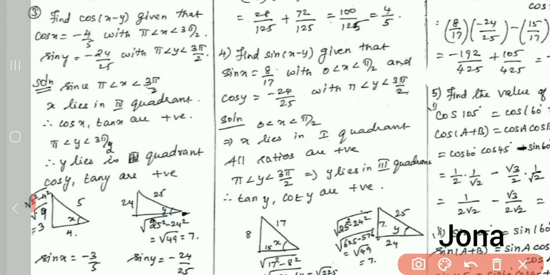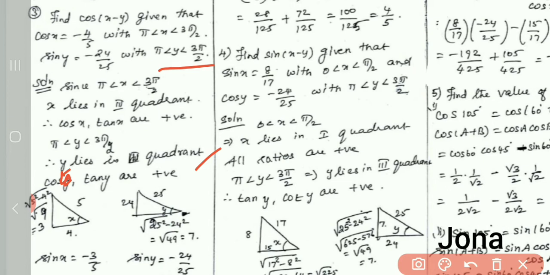Okay, and then the next one is y is also given, y lies between pi and 3 pi by 2. Even here also in third quadrant it's clearly given. In that third quadrant cot y, this is not cos, cot y, change this, cot y and tan y are positive, all the other things are negative.